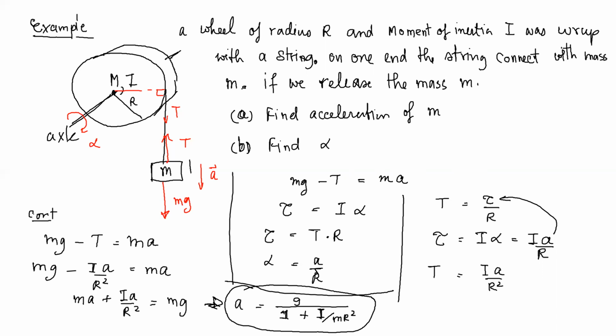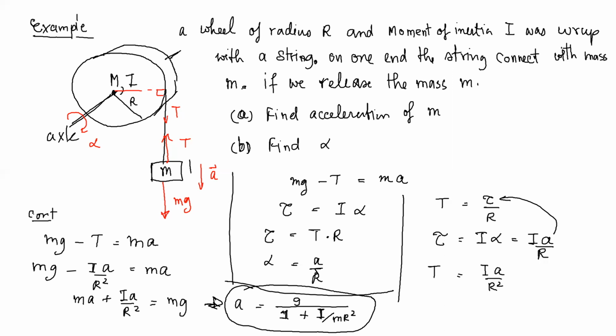So the wheel will start turning, and the mass m goes down with an acceleration that is not equal to 9.8 meters per second squared because the tension in the string helps.